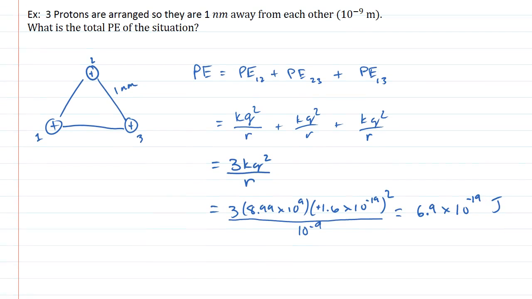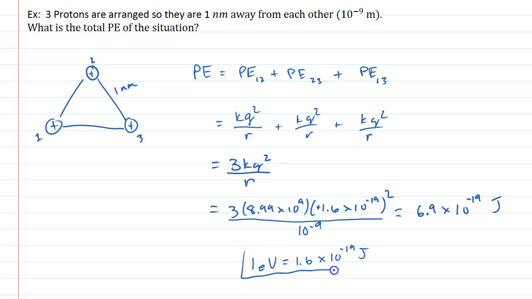So this is a good time to talk about different units of measurement as well. There's another very useful unit instead of joules called electron volts, and we'll explain more of that when we talk about potential. But basically the conversion is 1 electron volt is the same as 1.6 times 10 to the negative 19th joules.